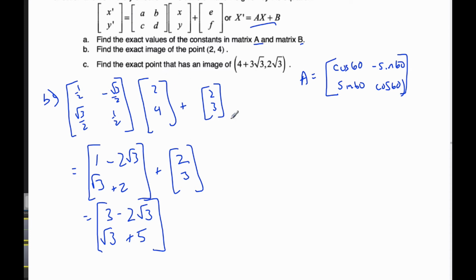Okay, B part then, or C part rather, I'm going to switch to purple. C part now says find the exact point that has this image. So now I have to work backwards. I'm looking for x, y. This is my image point.